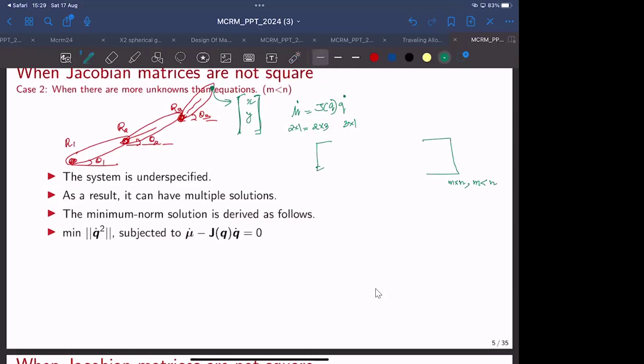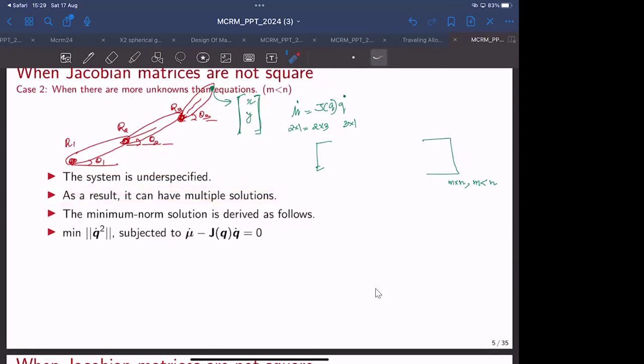So now the system is basically underspecified. And if the equations are again linearly independent, we can have more number of solutions.